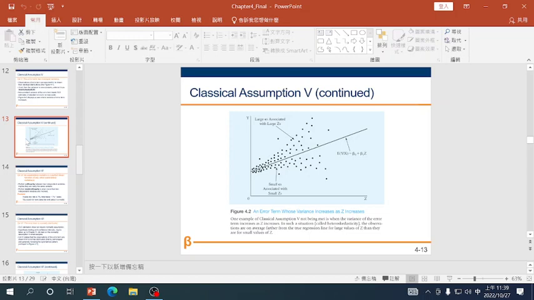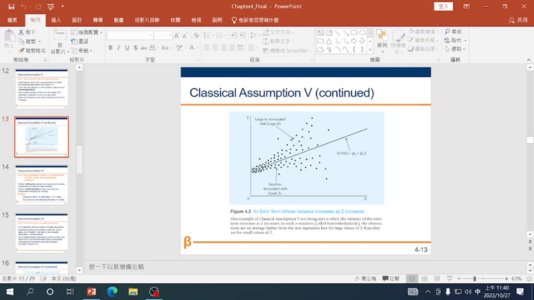Look at this chart. How do you see those dots? Those are the sample. Did you see some information from this graph?